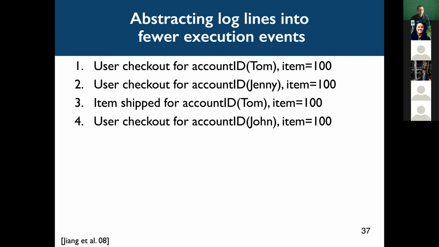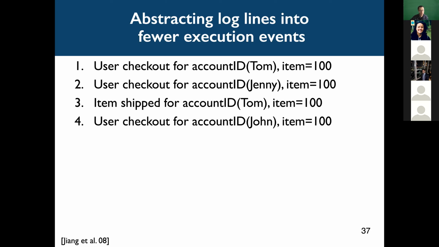Here, Tom and Jenny are dynamic values that change, but the lines are produced by the same logging statement, with different variable values. If we can find the template, we can convert line 1 and line 2 into one line, since they are the same and just have different variable values.